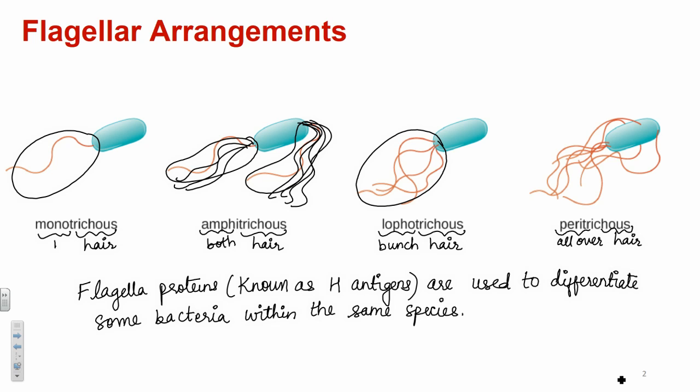For example, you can distinguish between the normal E. coli and E. coli O157:H7 based on the flagellar protein.